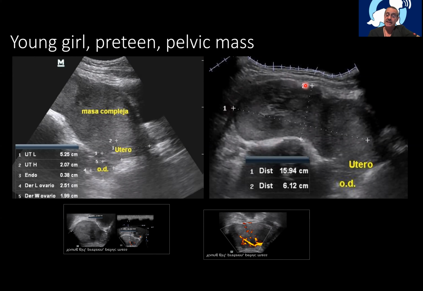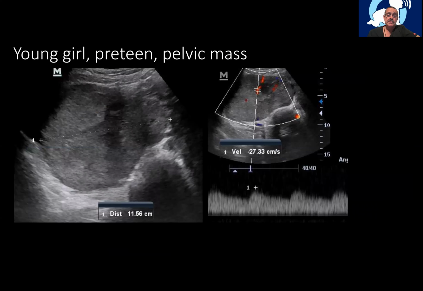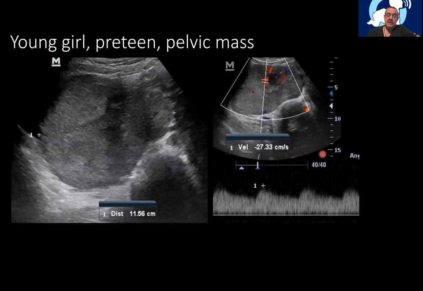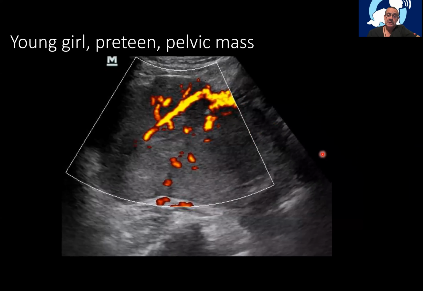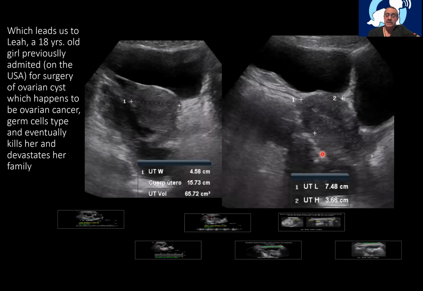This is an extended view with some of the tricks you can do with a good machine or expensive machine. And find complex masses in young girls, which usually are malignancies.